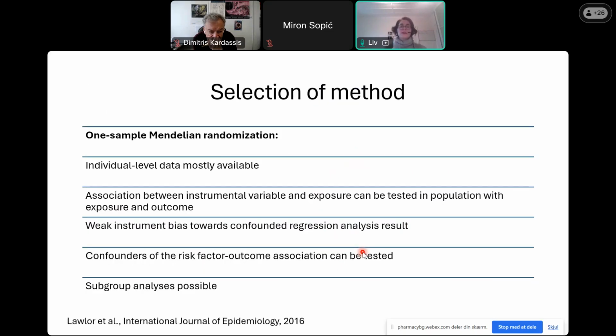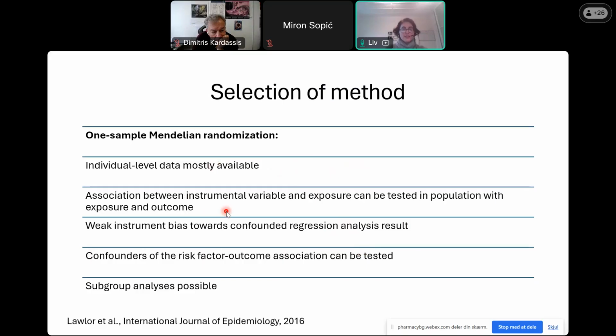Then you need to think about the selection of method. And here you mainly need to think about if you want to do a one sample Mendelian randomization or two sample Mendelian randomization. And the one advantage with one sample Mendelian randomization is that you will have individual level data available. So you will know the BMI, the blood pressure, and the genetic variant of each individual.